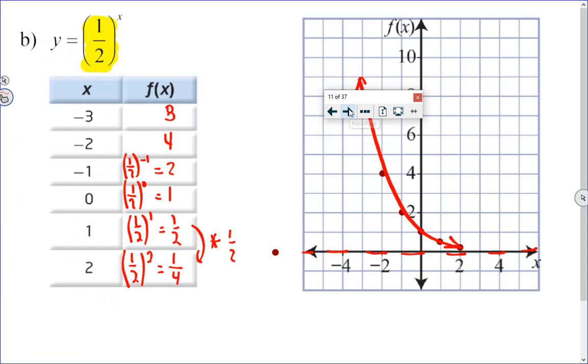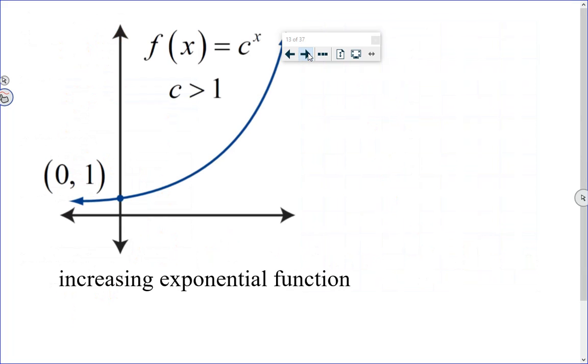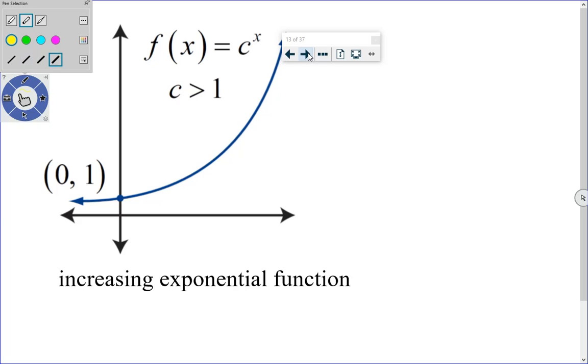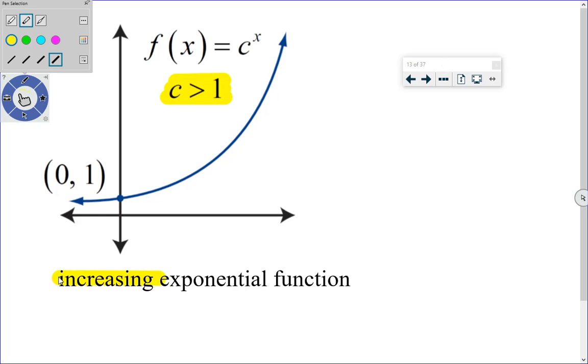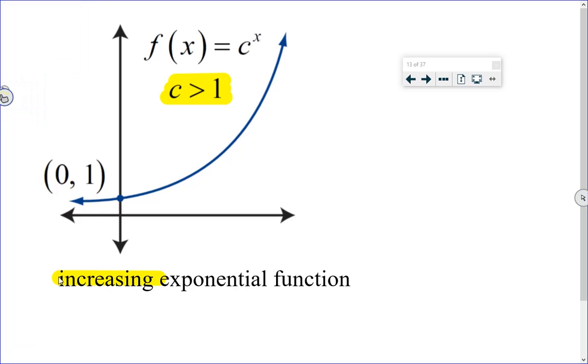When you look at the graph for 1b, left to right, the graph goes downhill and the base is smaller than 1. So what we conclude is that if the base of y equals c to the x is bigger than 1, then the function goes up from left to right. Always from left to right.